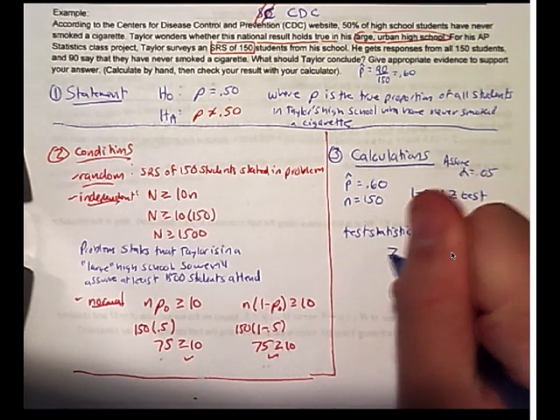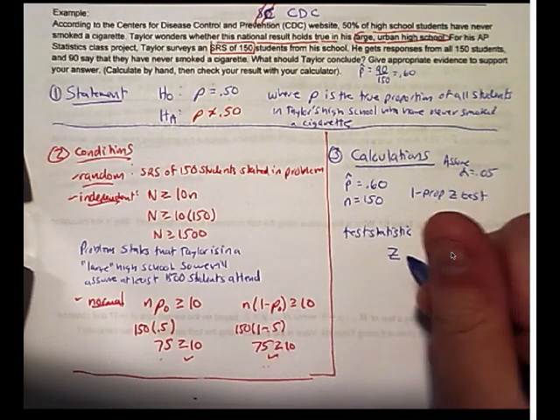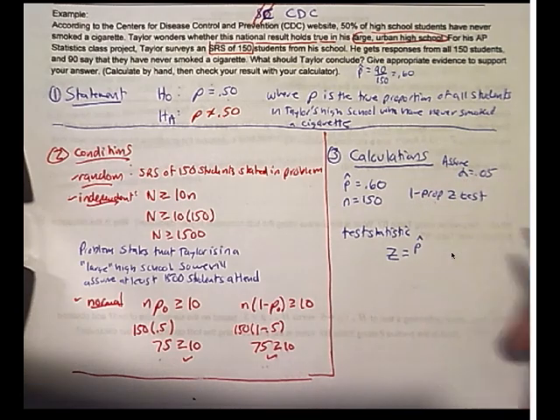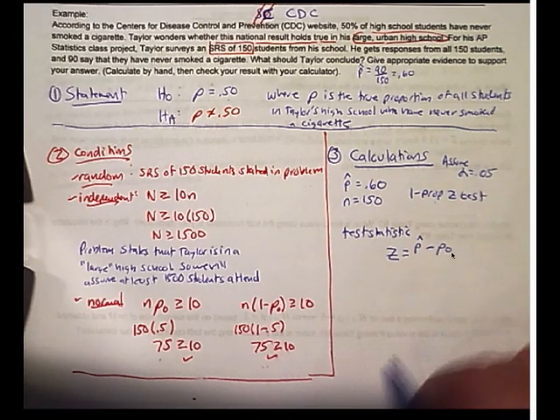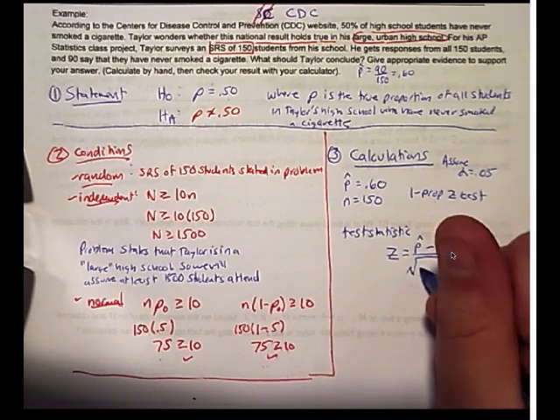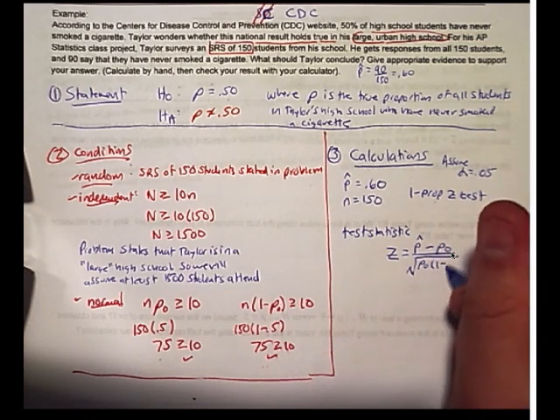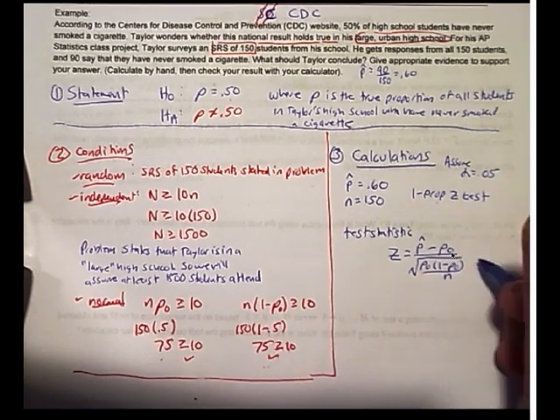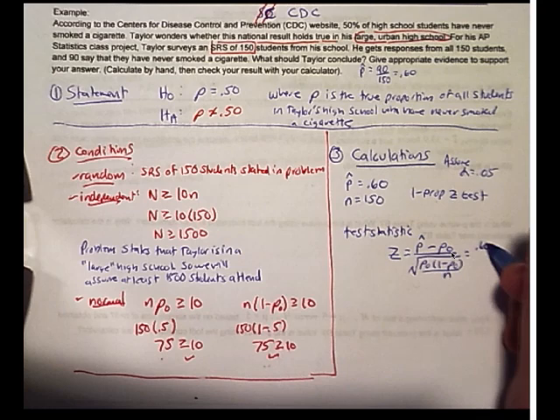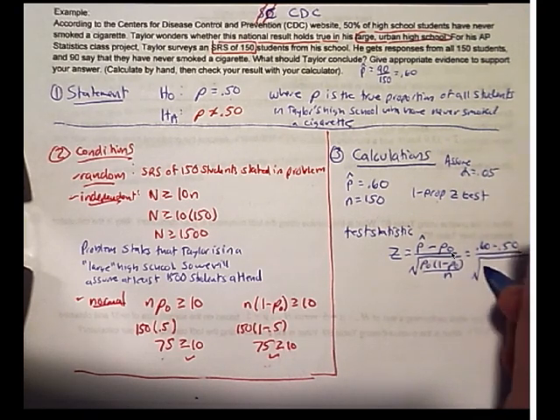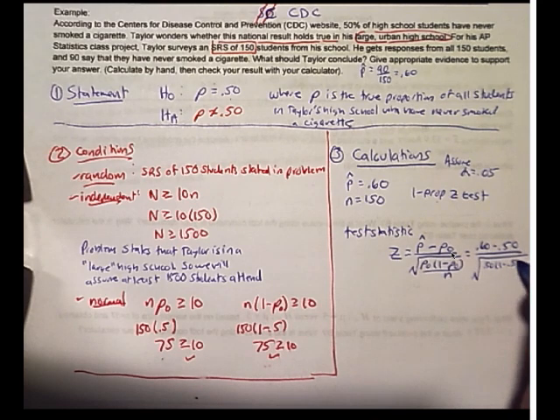Okay. Z would equal sample proportion minus assumed population proportion over the standard deviation of that. Okay. So we would do it that way. So I would have 0.60 minus 0.50 all over the square root of 0.50 times 1 minus 0.50 over 150.